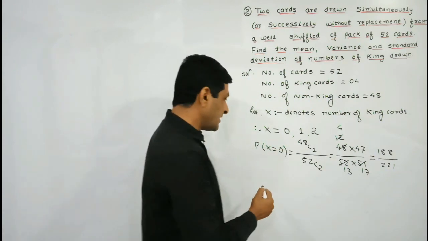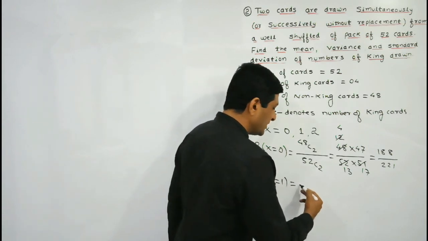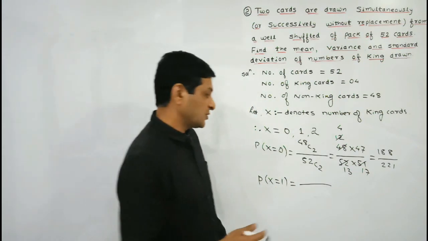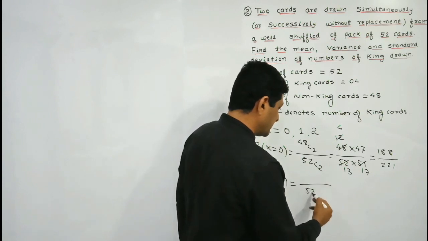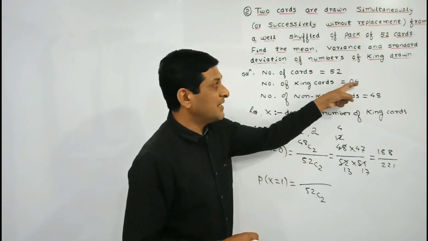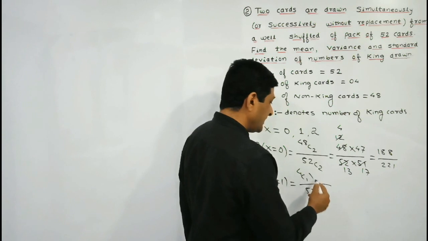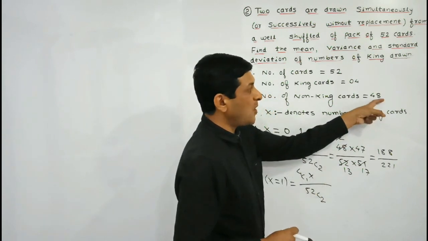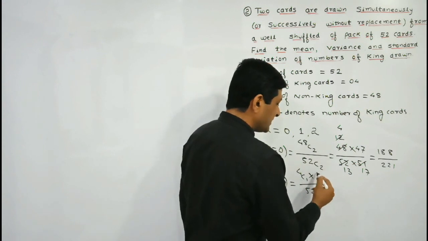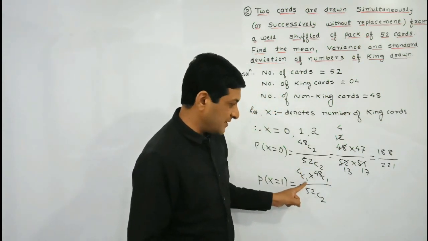equal to 0. Now we are finding probability when x is equal to 1. X is equal to 1 means what? Two cards drawn contain one king and the other is what? Non king. So अगर दो कार्ड ड्रॉन किए हैं तो 52 C2 is n of s. अब इसमें एक किंग कार्ड है, बोले तो ये 4 कार्ड में से ड्रॉ हुआ होगा वो, यानी 4 C1 into, और दूसरा जो कार्ड है नॉन किंग कार्ड ड्रॉ हो गया होगा, so this work can be done in 48 C1 ways, because one card is king.